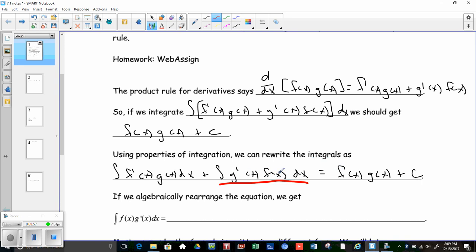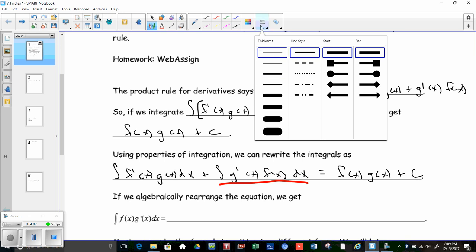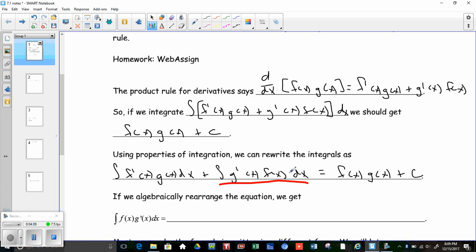And when I do this, I am going to actually switch the order of this just to put it in a more common form that we're used to seeing. You'll see what I mean. So if I'm going to solve for this integral right here, an integral of f of x g prime, so you can see I just switched the f and the g prime order here, doesn't matter, it's going to equal f of x, g of x.